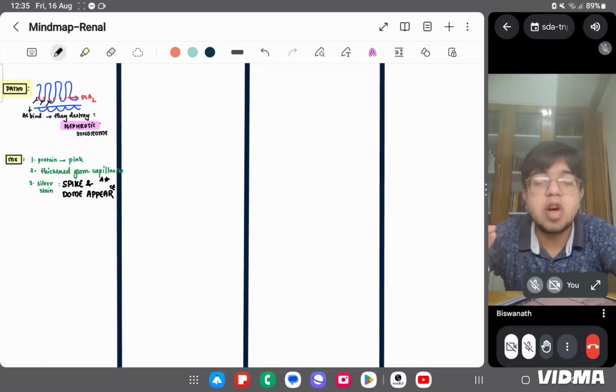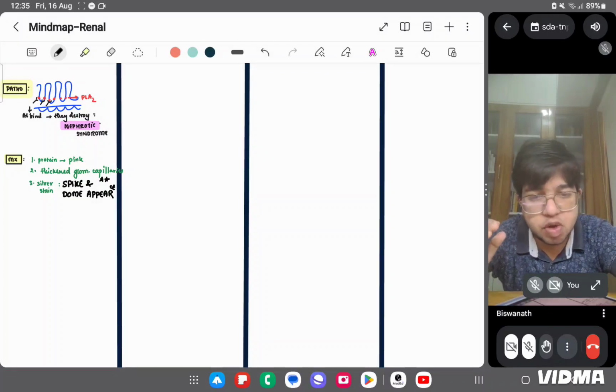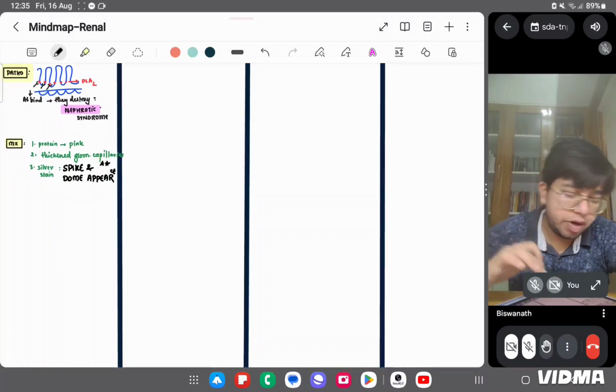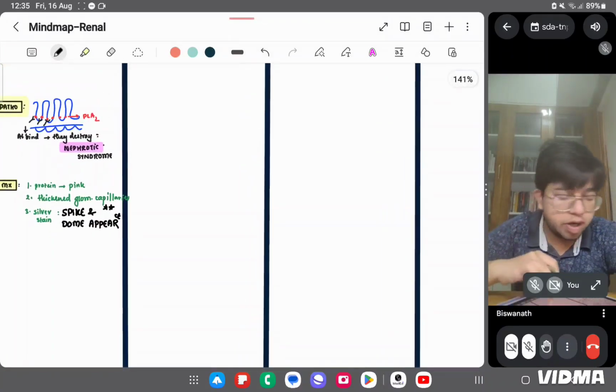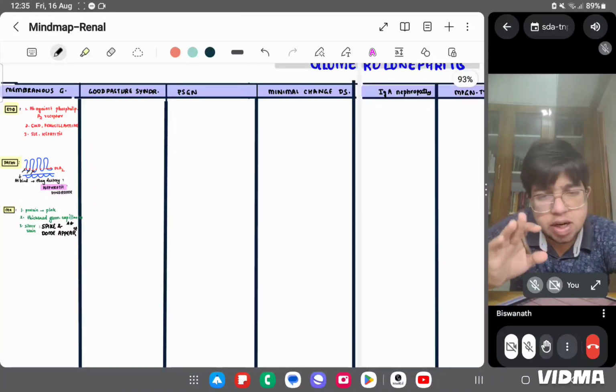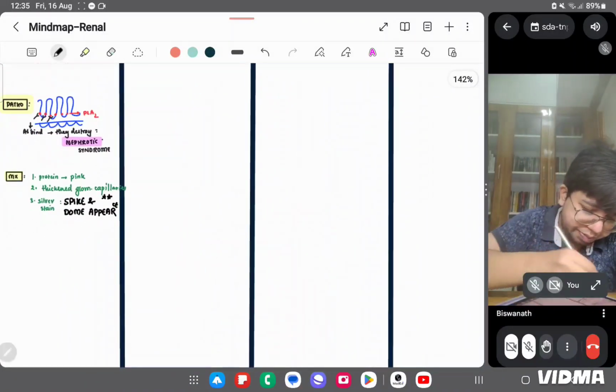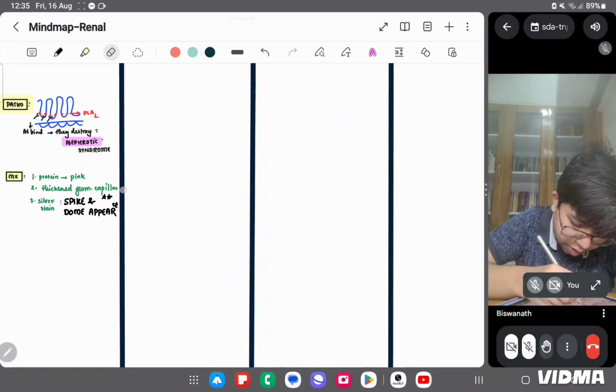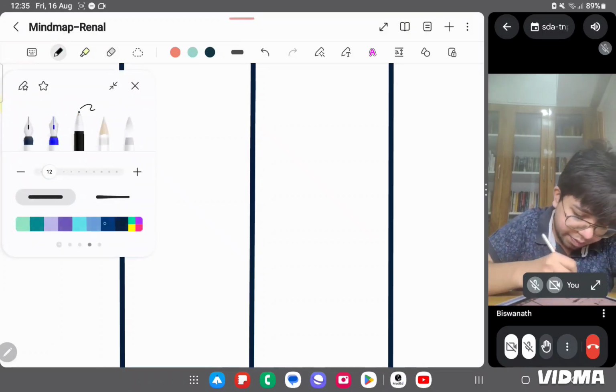Whenever we talk about electron microscopy, we don't miss the immunofluorescence, electron microscopy and immunofluorescence, whenever we talk about any disorder in the kidney, right? So just erase this. It will be difficult if I slide it.